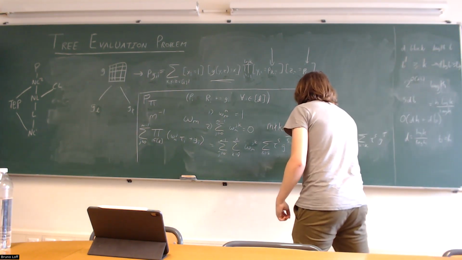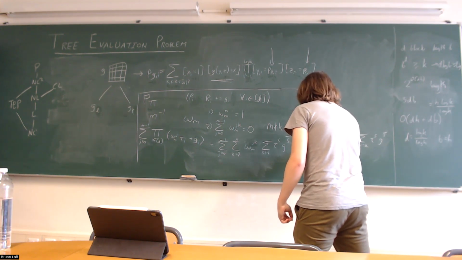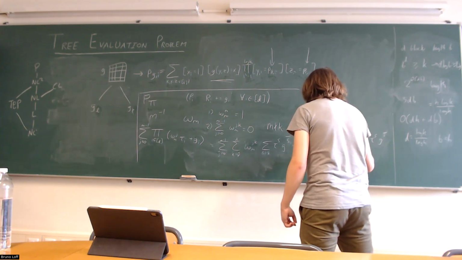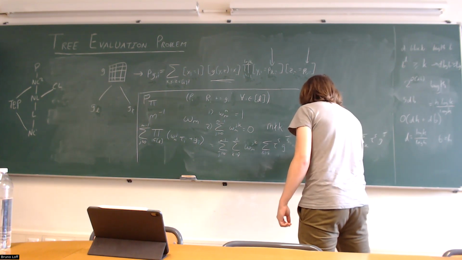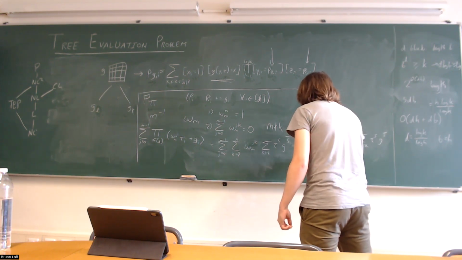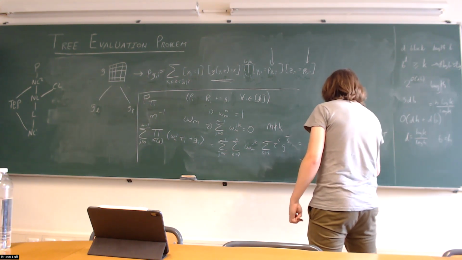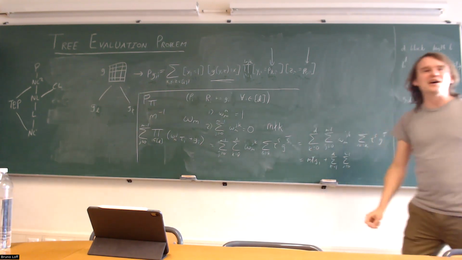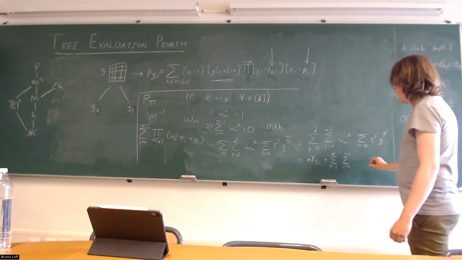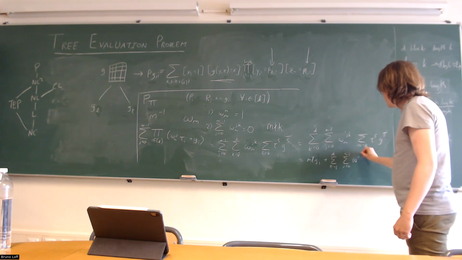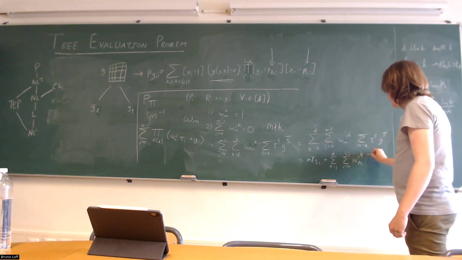So this is equal to m times g with the full set, because it's not the empty set. So this is the product of all the gi's, plus sum k equals 1 to d, sum j equals 0 to m minus 1. You see where this is going. Sorry, now there is the j.